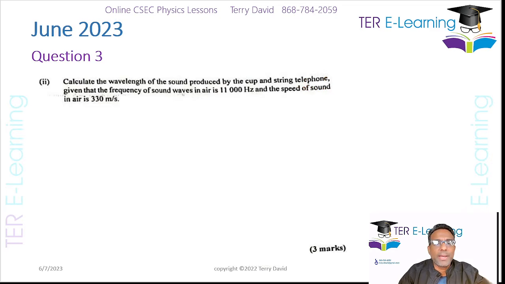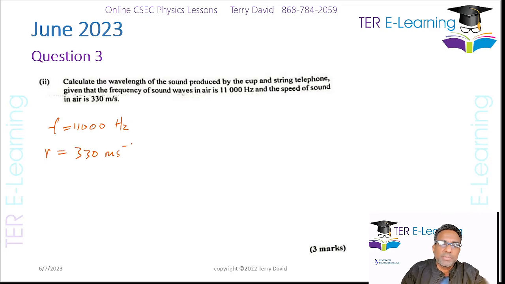Next part here, calculate the wavelength of the sound produced by the cup and the string telephone given the frequency. So we have frequency is 11,000 hertz. The speed of sound, so V is equal to 330 meters per second. We want the wavelength. So you're going to use the formula V is equal to F times lambda.